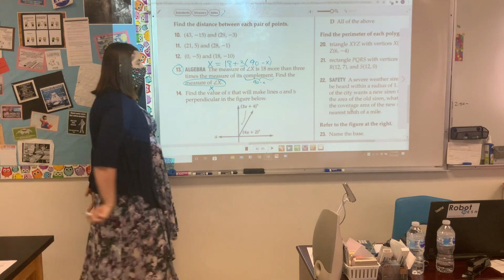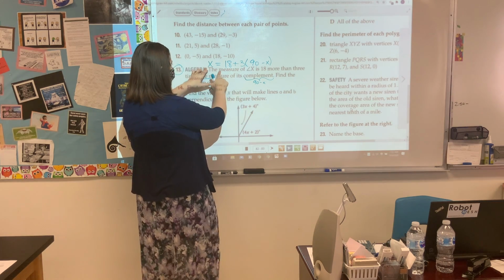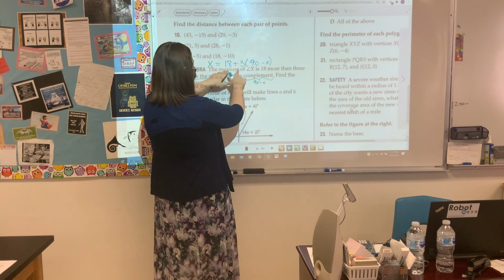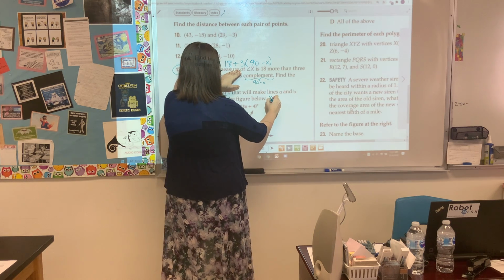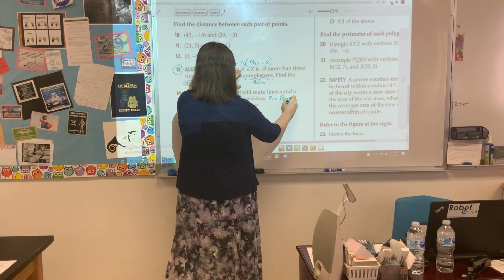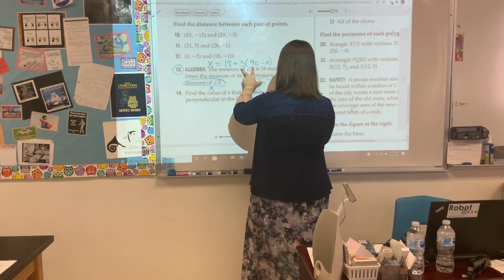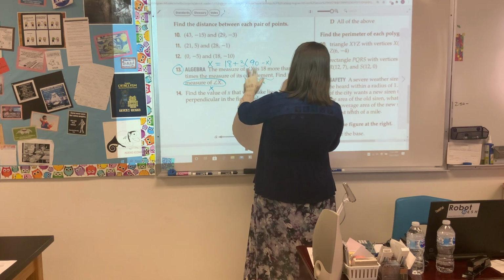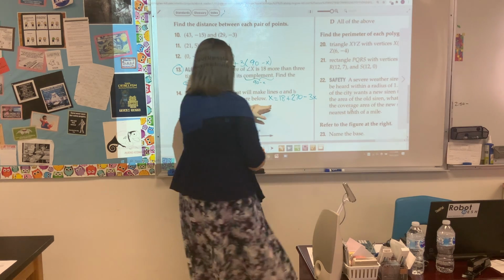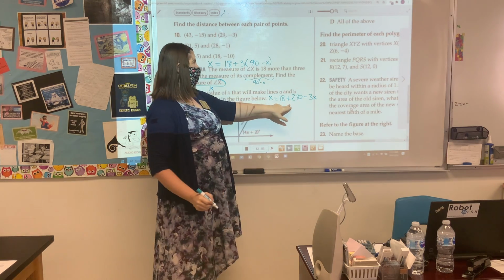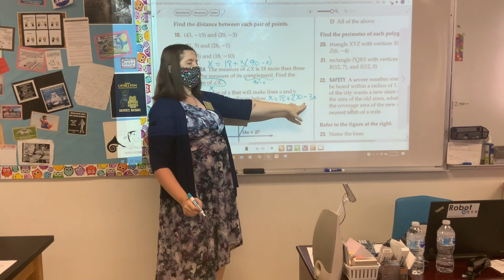I need to expand this out, okay? x is equal to 18 plus 3 times 90, and 3 times negative x. So I end up with x equals 18 plus 270 minus 3x.